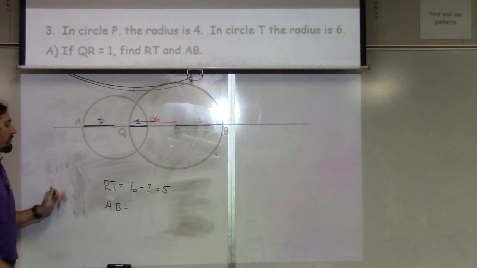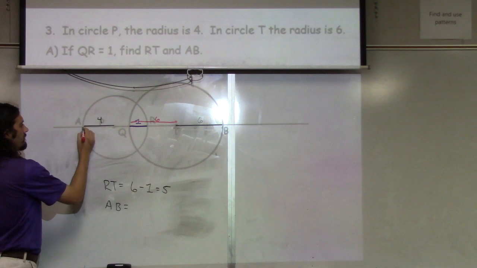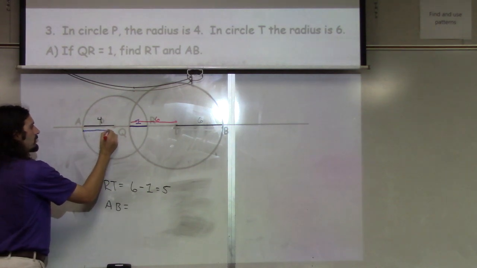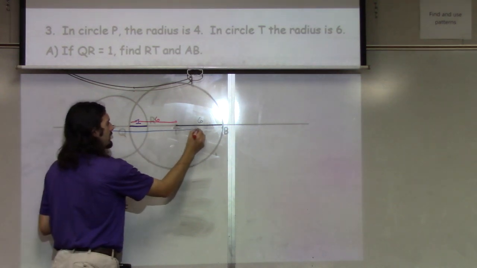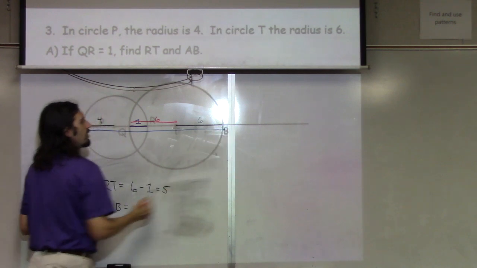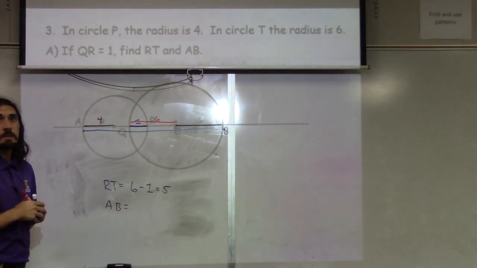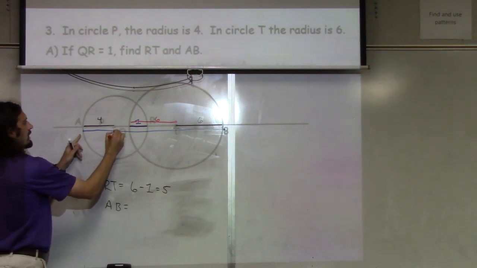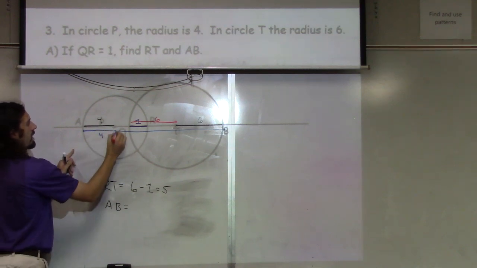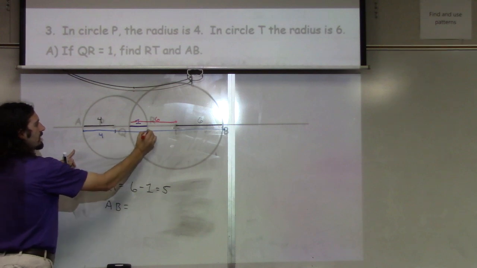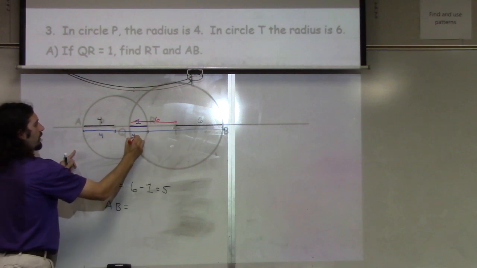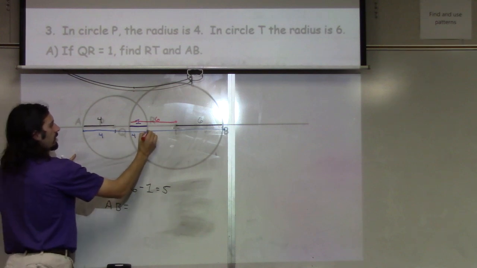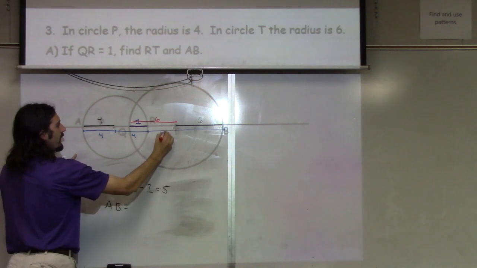Okay? Now when we go over here to look at AB, which is going to go all the way across, what I'm going to think about is I'm just going to build it piece by piece. I know A to P is 4. I know P to the edge of its circle is another 4. I know R to T is 5.